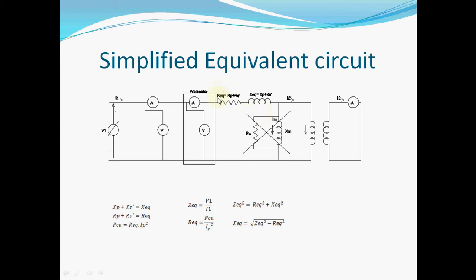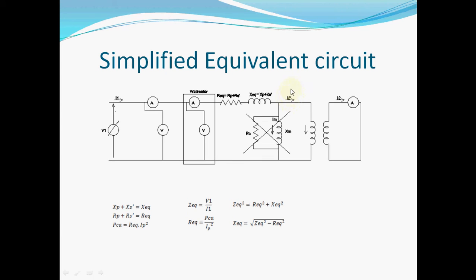And we can see here that the equivalent resistor is the sum of the two resistors, and the equivalent reactance is the sum of the two reactances.